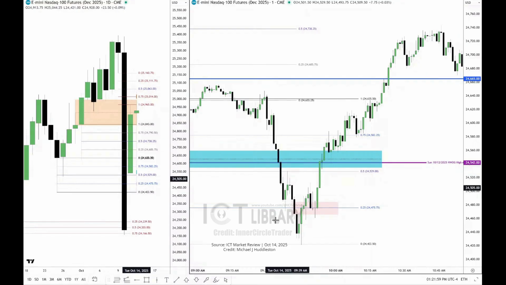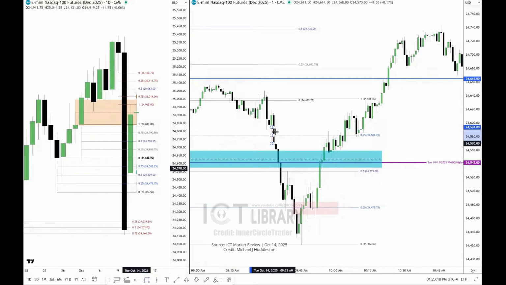And here's 930 right there. Okay, keep going forward. What do you see right there? That's what he said: first, present the fair value gap. It just happens to lay right on top of the upper quadrant of that discount wick.